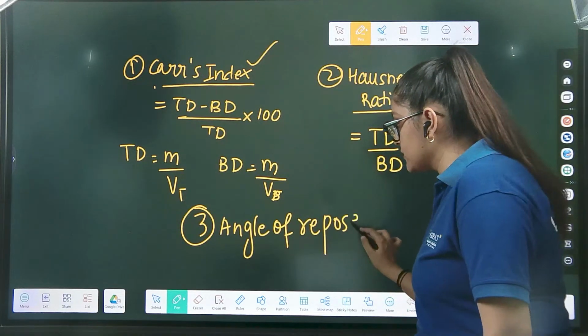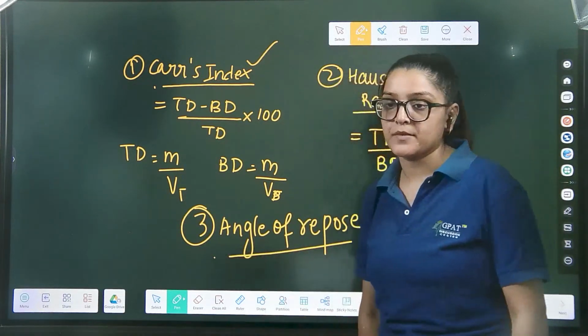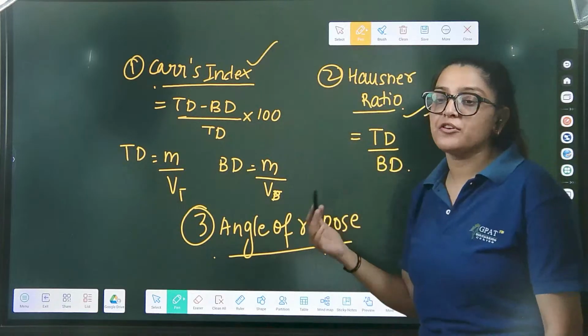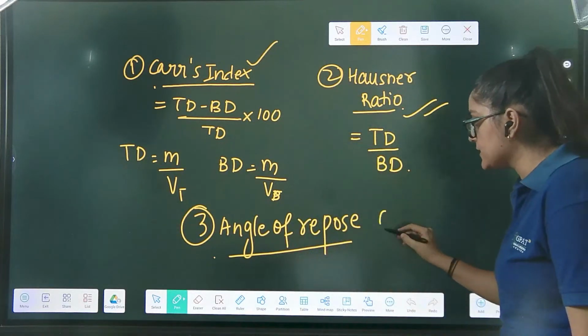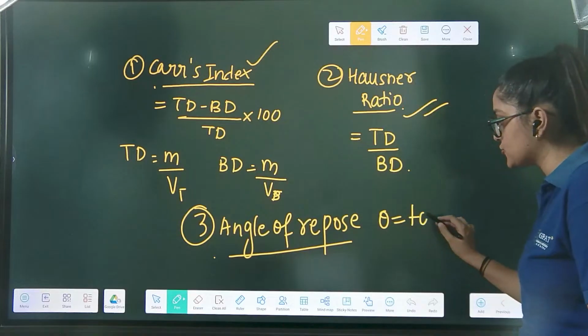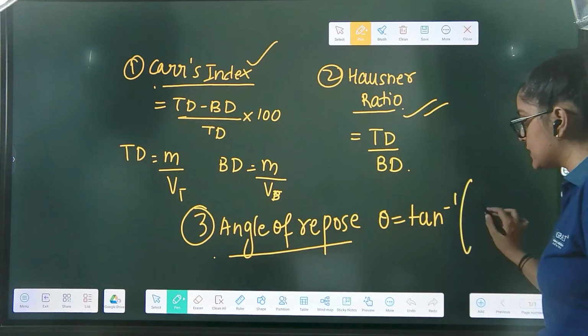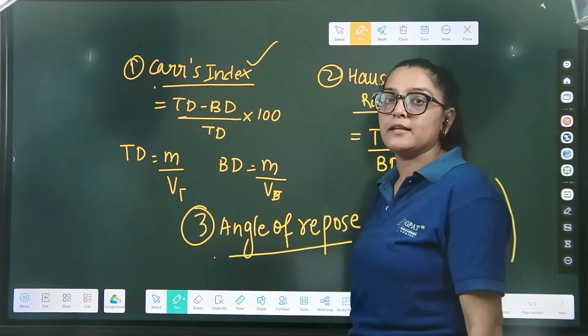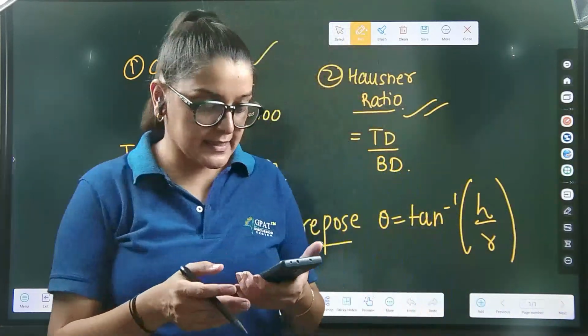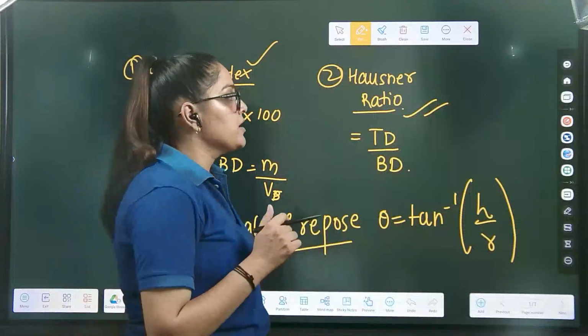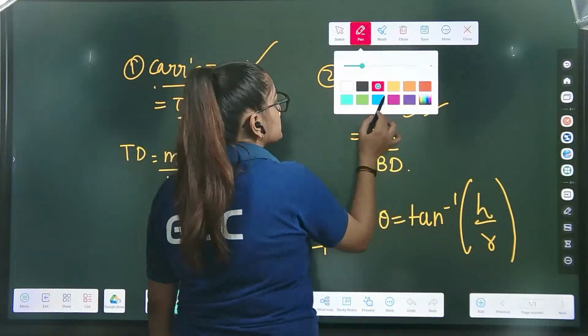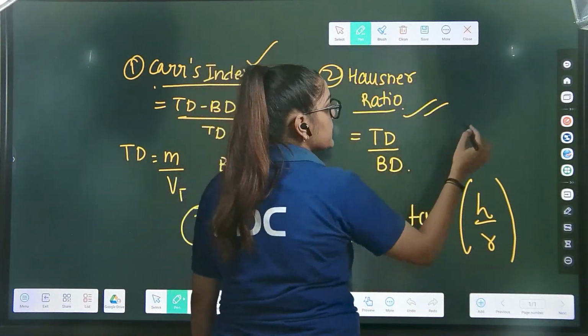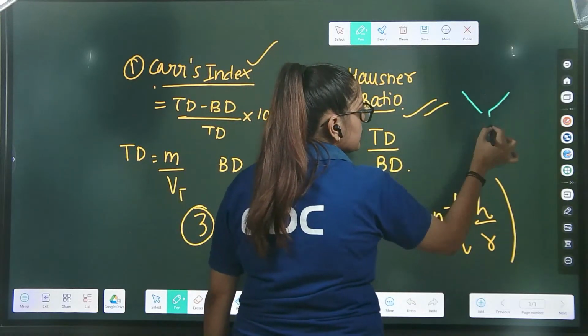Angle of repose is theta equals tan inverse h by r. What is this h? What is this r? Suppose you have powder and this is a funnel.